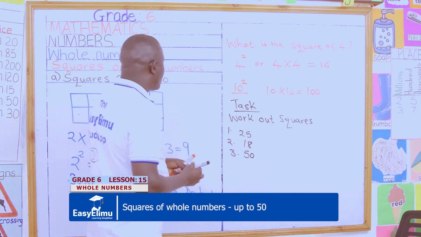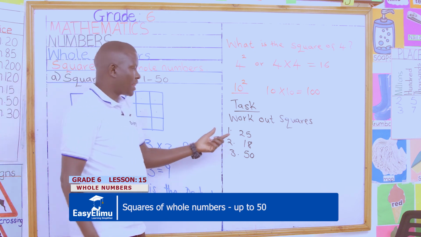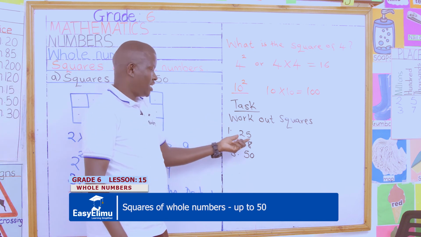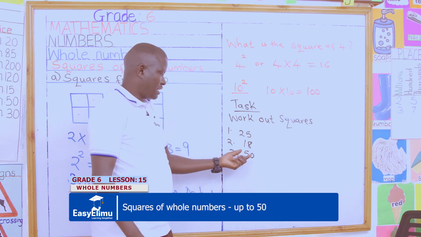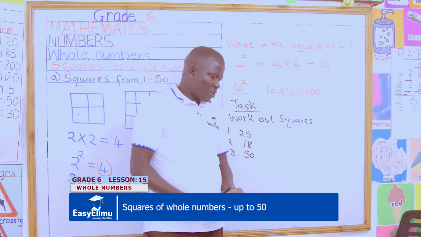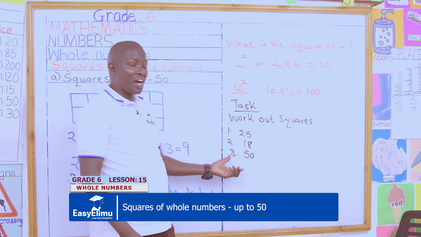Remember, we have said up to 50. In other words, it is asking you 25 multiplied by 25, 18 multiplied by 18, 50 multiplied by 50. This is also nice for you to try.